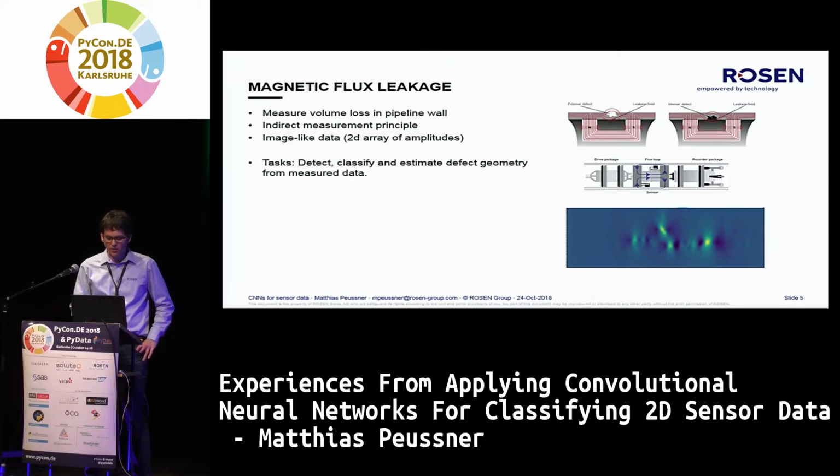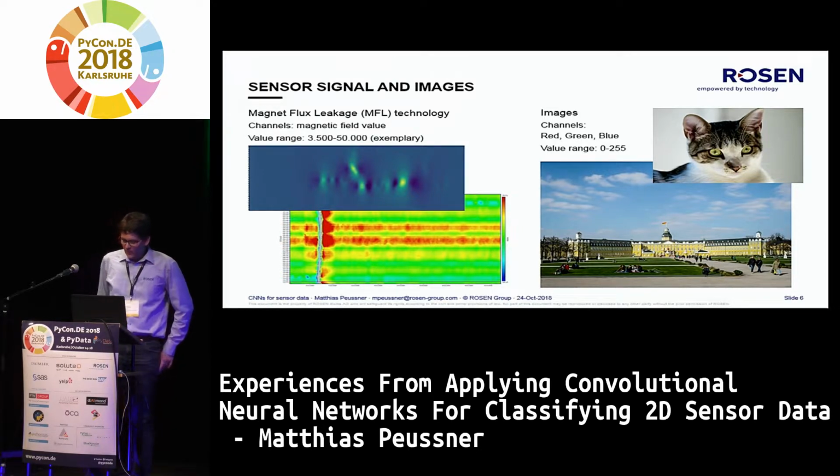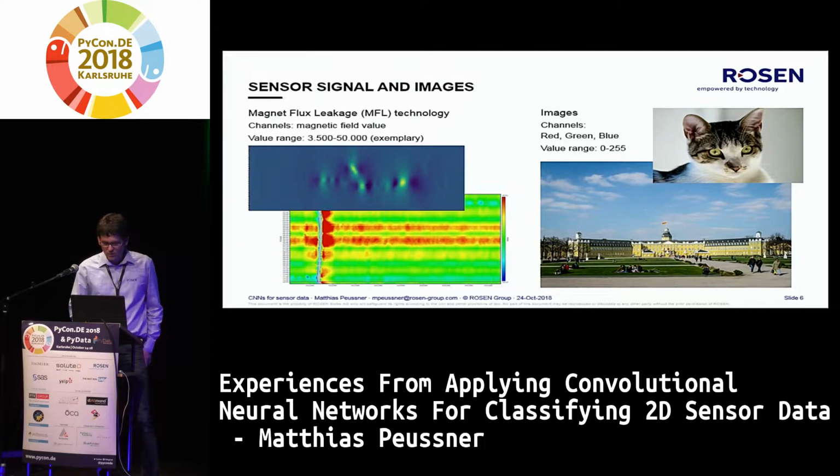In this talk, I just want to talk about the classification, whether it is a defect or it's not a defect. So that's the data I'm talking about, and what is maybe different to typical images, or the images used in competitions, is that our data looks more smooth.